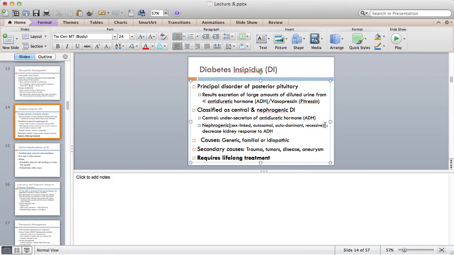Treatment for this requires lifelong treatment.